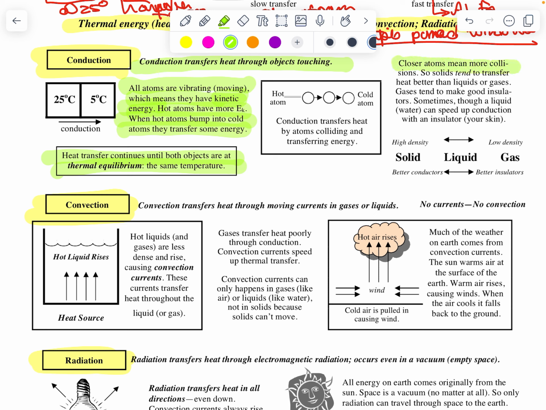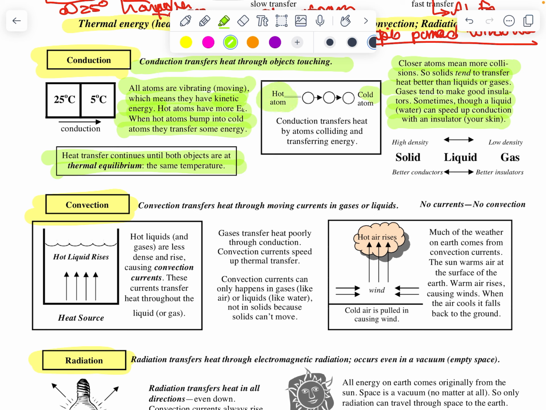So closer atoms mean more collisions, so solids transfer heat better than liquids or gases. Gases can make good insulators. Water sometimes can speed up conduction. That's why when we sweat, that liquid helps the transfer of heat from our body occur quicker.